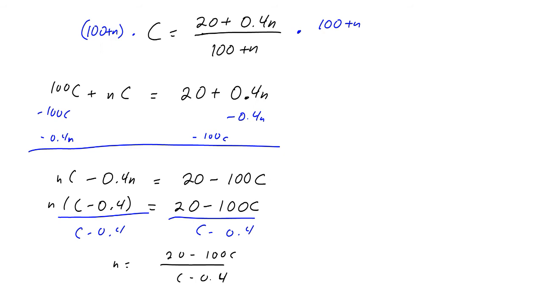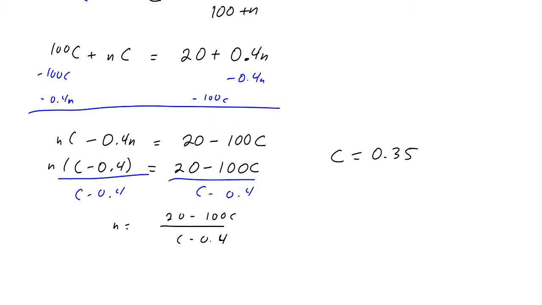Use the result to find the amount of 40% solution that should be added so that the final mixture is 35%. That means we're actually trying to find n when C is equal to 0.35. So let's evaluate this at 0.35: 20 minus 100 times 0.35, divided by 0.35 minus 0.4.